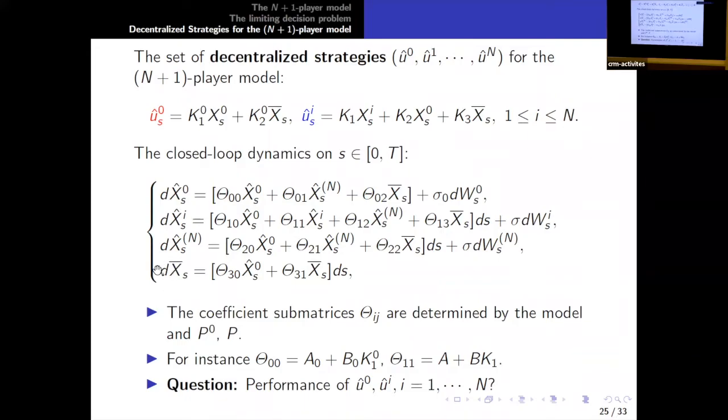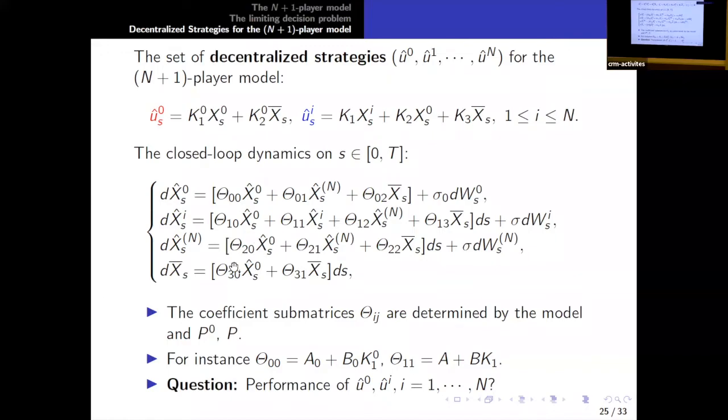But for the control law itself, you can see, for the major player, it uses its own state, then this mean field state. But this mean field state is driven by the major player's state, which in turn is driven by this x hat n.